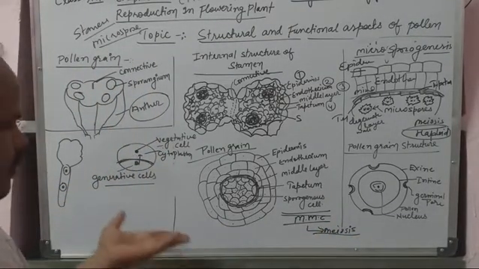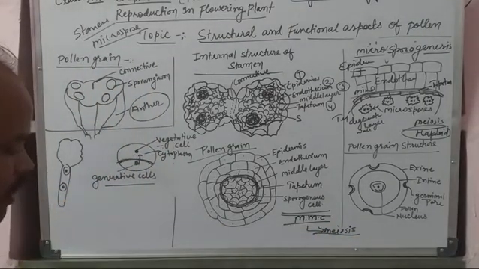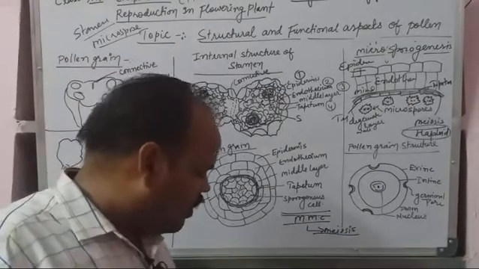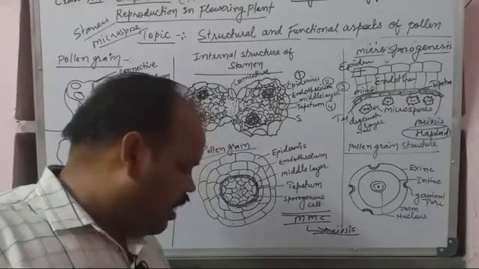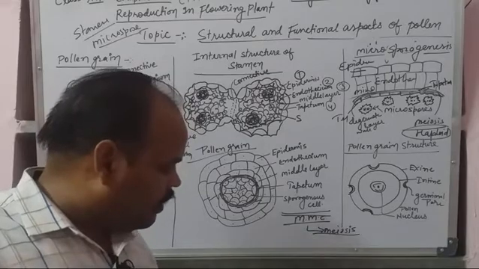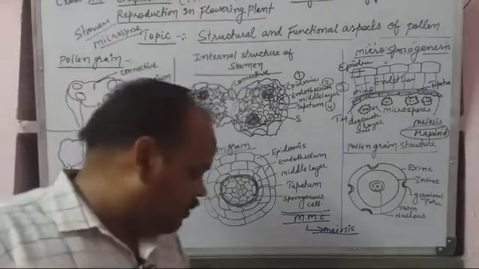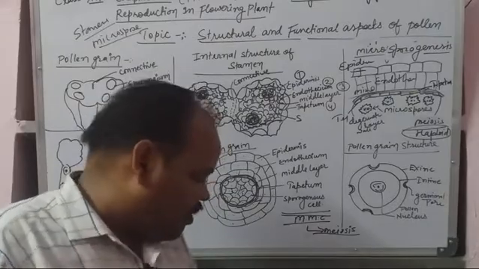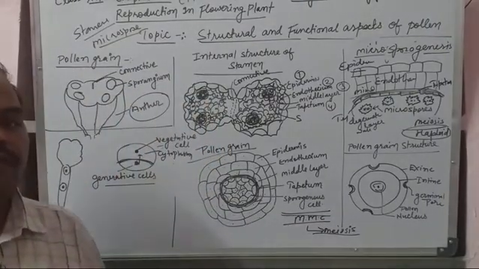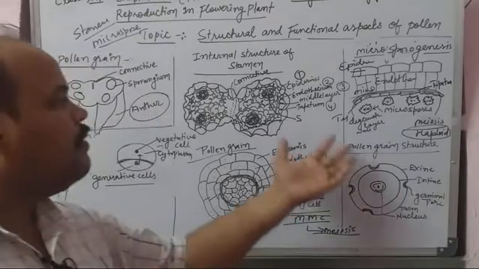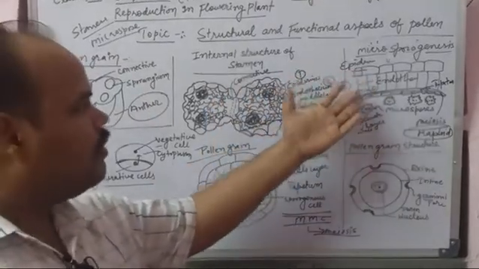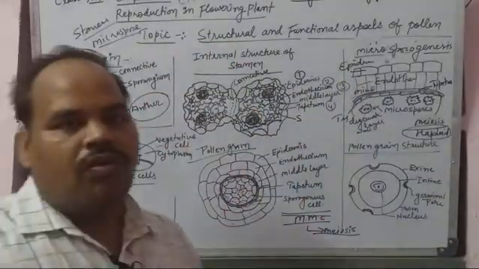Okay, so today the first thing is that the pollen grain is formed by microsporogenesis.